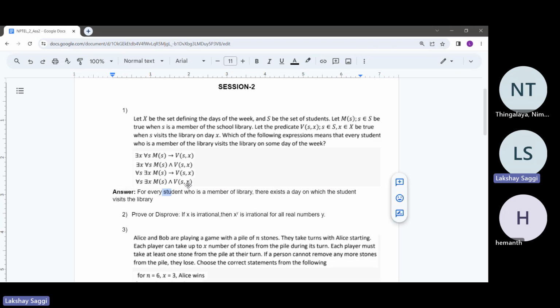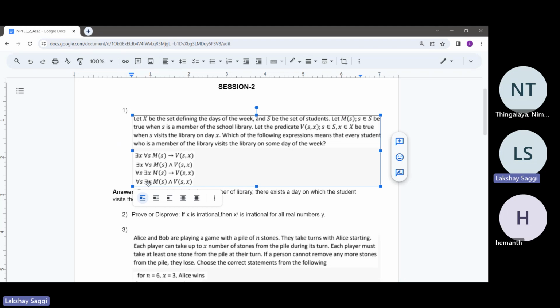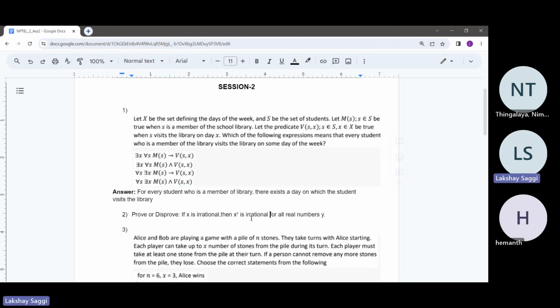For every student S, there should exist a day X such that the student is a member, because M of S means that student S is a member of the library, and V of S comma X means the student S has visited the library on the day X.